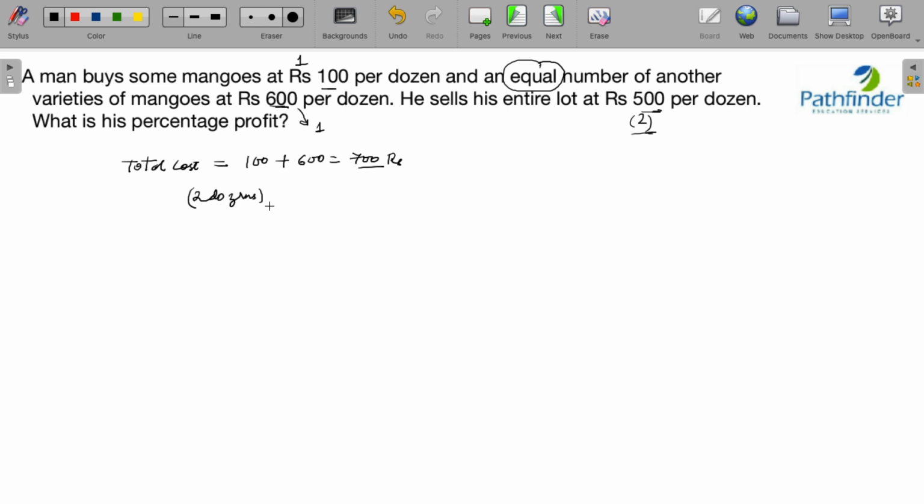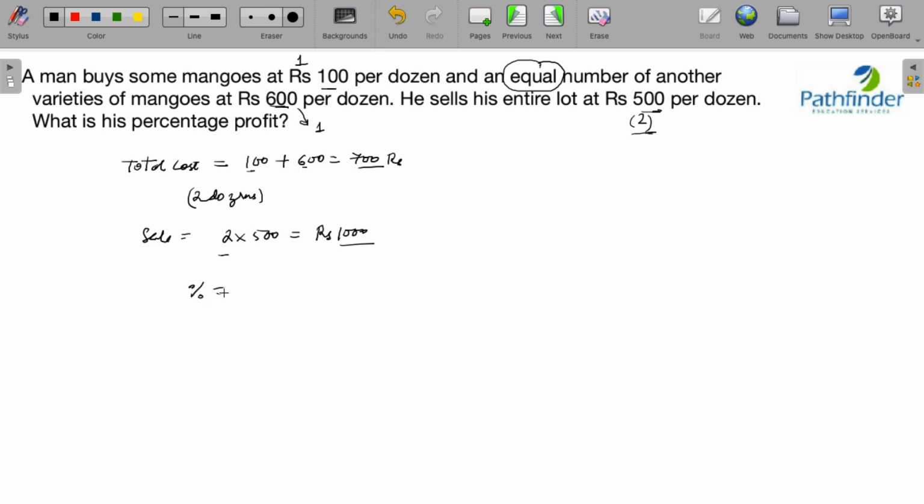When we are selling, we will have 2 dozens. So what is the total sale or total revenue? 2 into 500, that is rupees 1000. So the selling price is 500 per dozen, so we sell 2 dozens as we have bought 2 dozens.